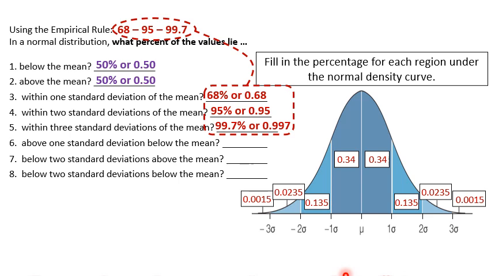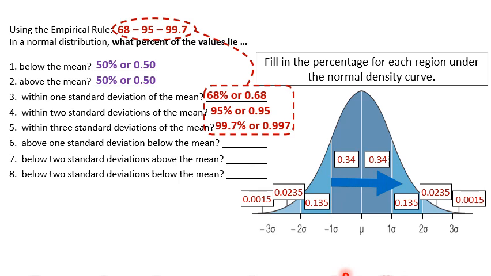Now, the next 3, you really need to look at the shaded regions under the normal curve. So the first one says, what percent of the values lie above 1 standard deviation below? So what are we talking about here? Above 1 standard deviation below looks like all that, right?